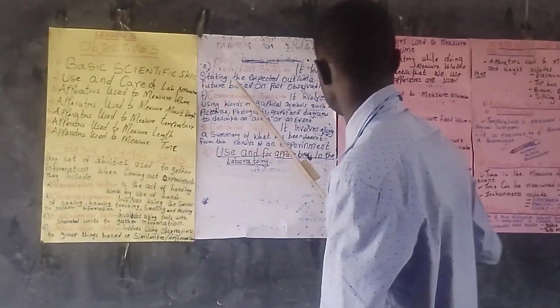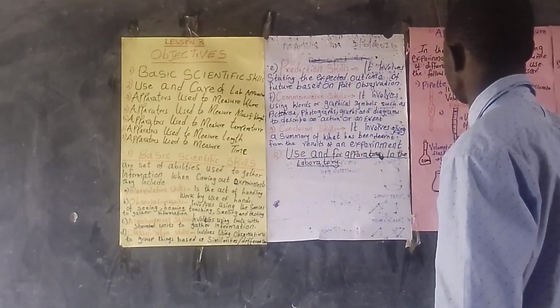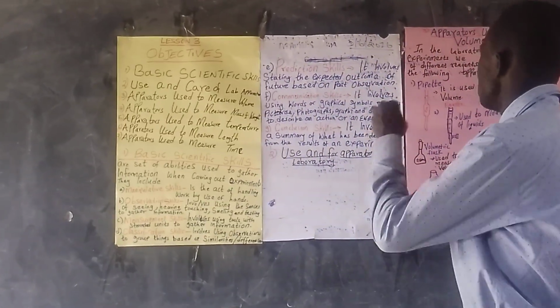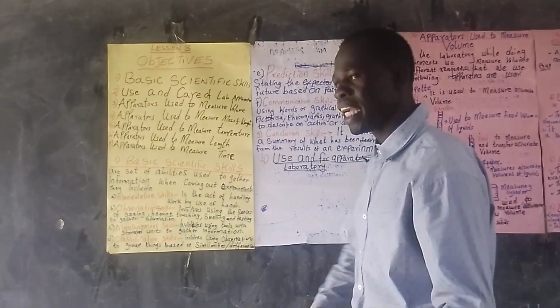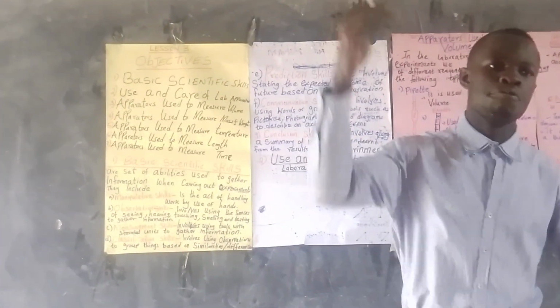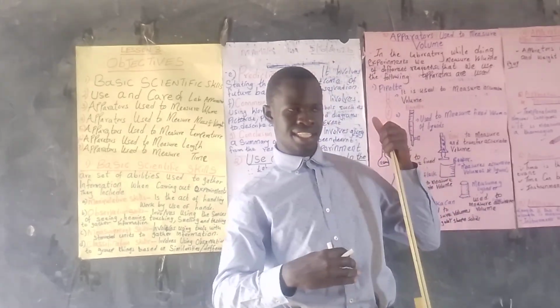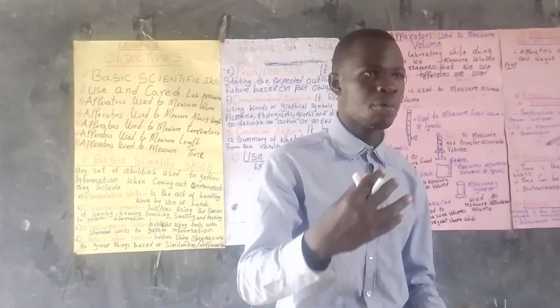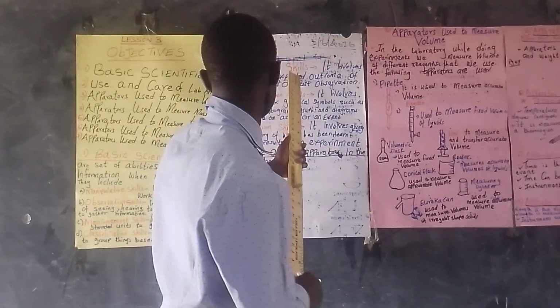Now, prediction skills. This involves stating the expected outcome of the future based on the past observation. So prediction, somebody can predict what will happen in future basing on what has been happening in the past. And therefore, that type of skill is called prediction skills.